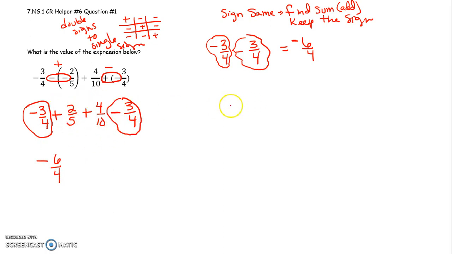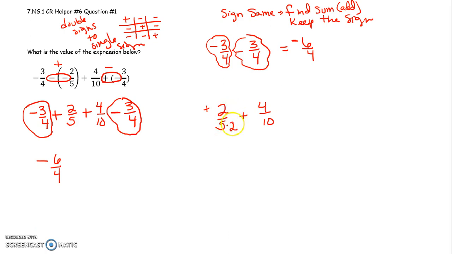Now I'm choosing to combine my positives. 2/5 plus 4/10. And I did this purposely because the signs are the same. I'll find the sum, I'll keep the sign. But here's the deal with this one. We need a common denominator to find that sum. Well, between 5 and 10, a nice common denominator would be 10. 5 times 2 is 10.